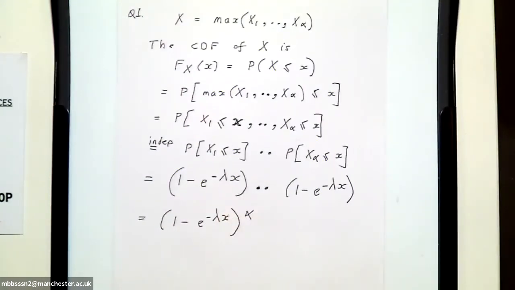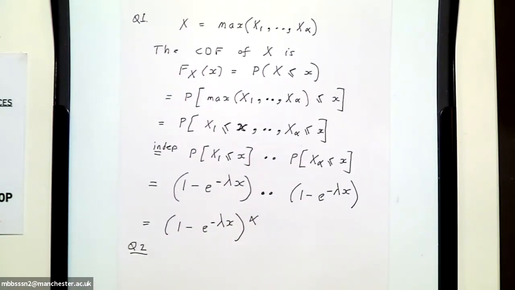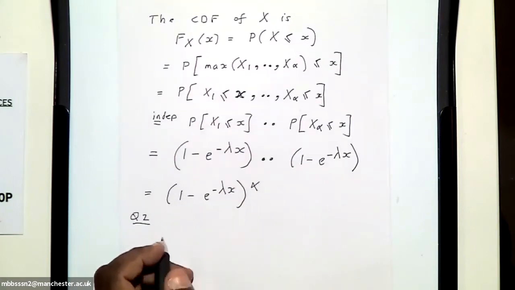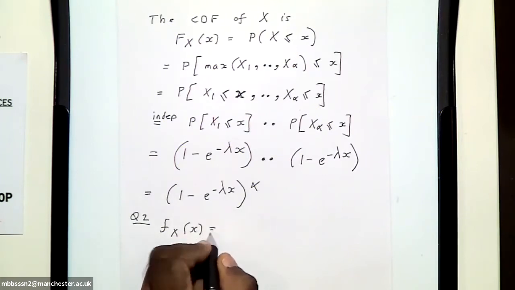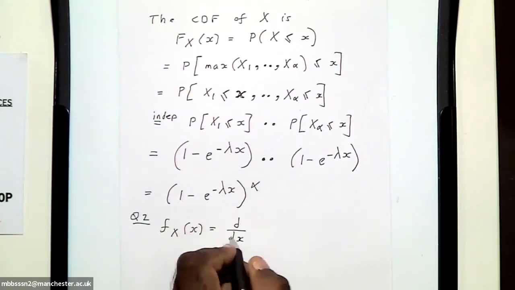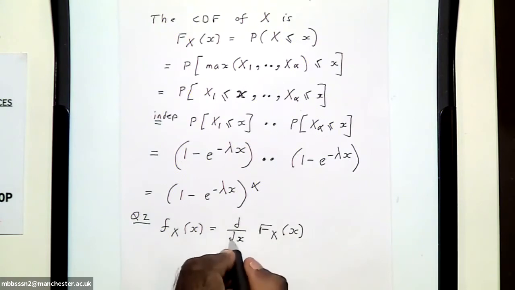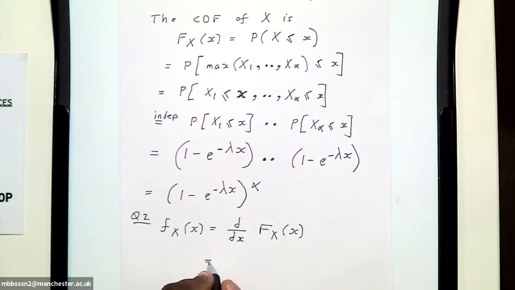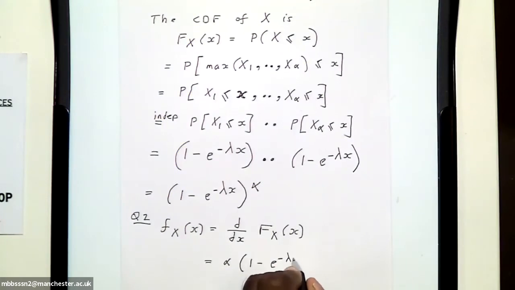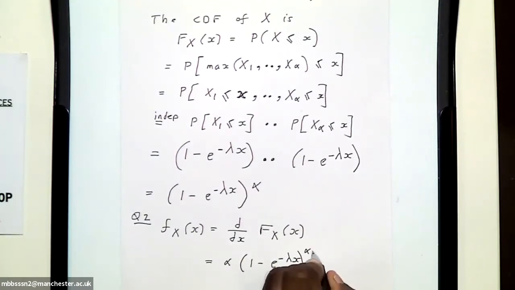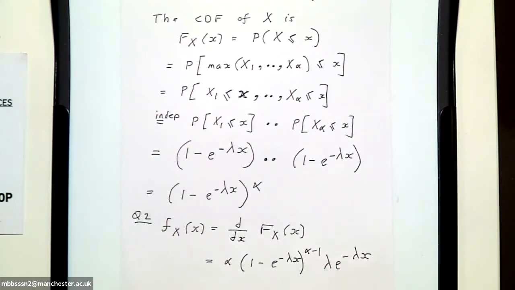Question 2 is to find the density function, or the PDF of X. So basically you need to differentiate the CDF with respect to x, and if you do that, you will get this.